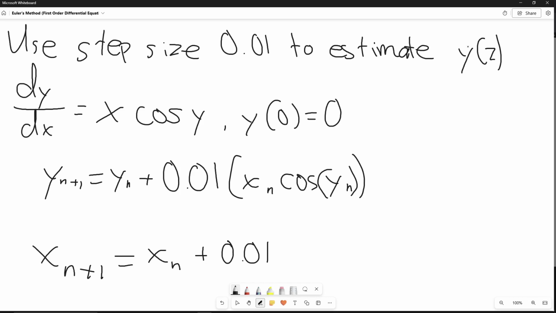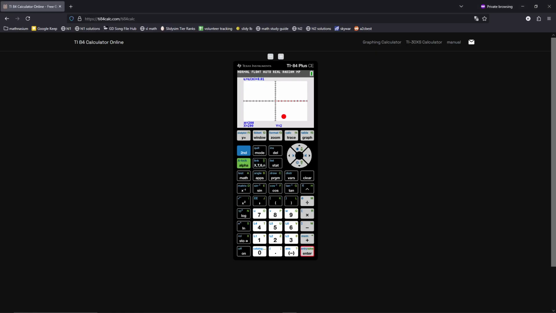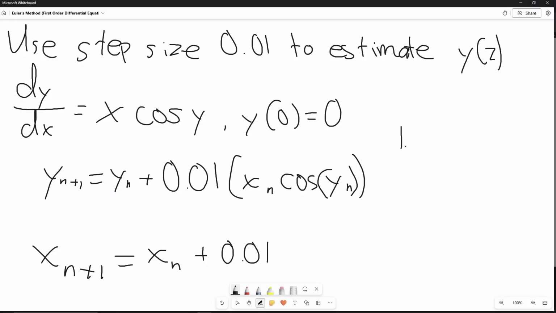This is right because we're trying to estimate when x equals 2, and this one says it's 2, and then you just press up or down to find the other value. So right here, this is our v, or our y, and the value is 1.3017. So in 3 sig figs it is 1.30, and that is our final answer.